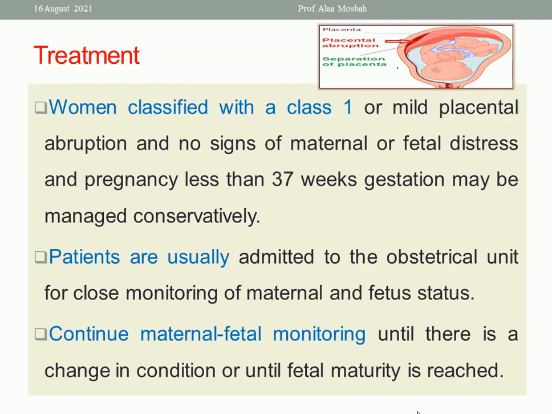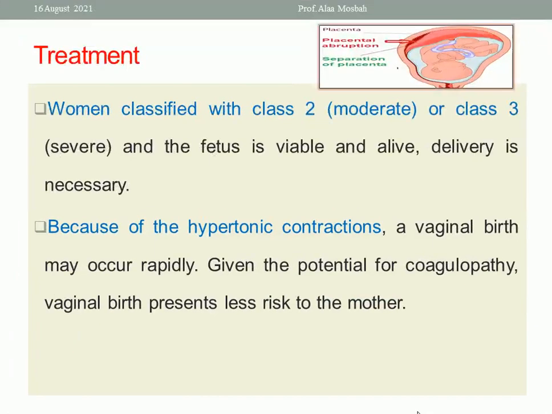Patients are usually admitted to the obstetric unit for close monitoring of maternal and fetal status. Continue maternal and fetal monitoring until there is a change in the condition. If any problem or complication happens, you should do an emergency cesarean section, or terminate the pregnancy if the baby reaches maturity, by vaginal delivery or cesarean section.